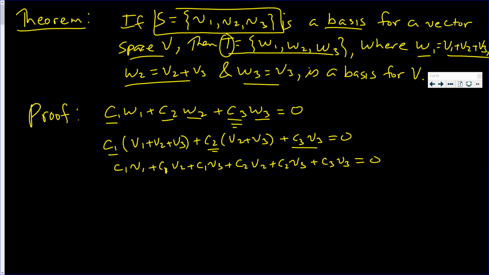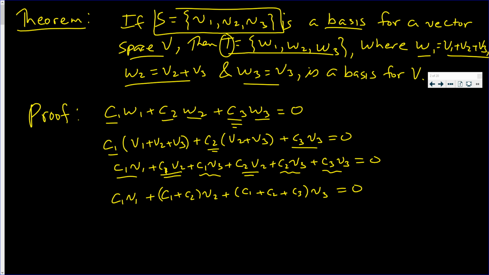Now let's collect the V1s and the V2s and the V3s. We have C1 V1 plus, when it comes to V2s, we have (C1 plus C2) V2. And when it comes to V3s, we have (C1 plus C2 plus C3) V3 equals 0.